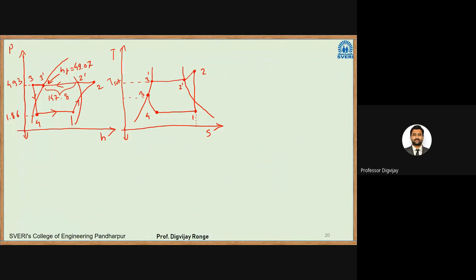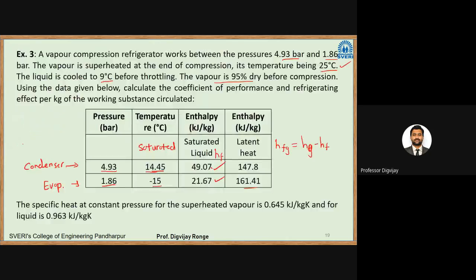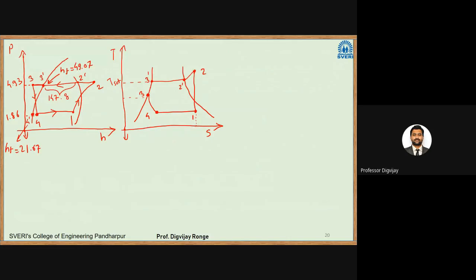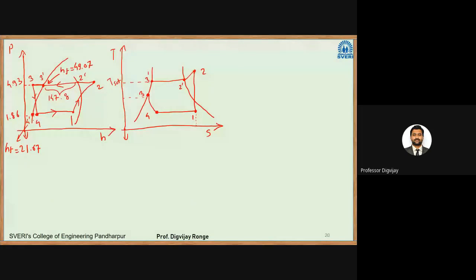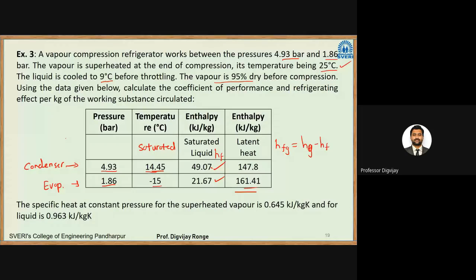That means they have given this enthalpy here, at point 4 dash. And they have given the latent heat, hfg, as 161.41. That means they have given this enthalpy value. Now regarding temperatures, for a pressure of 4.93, the saturation temperature is 14.43.